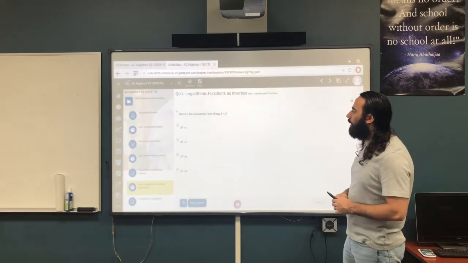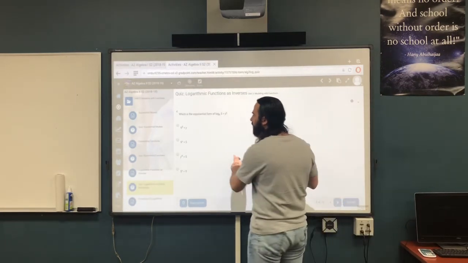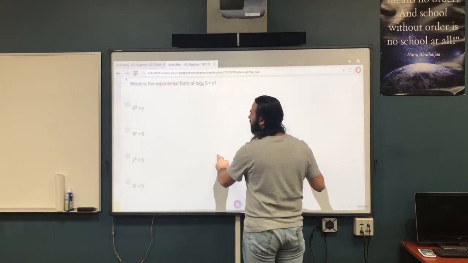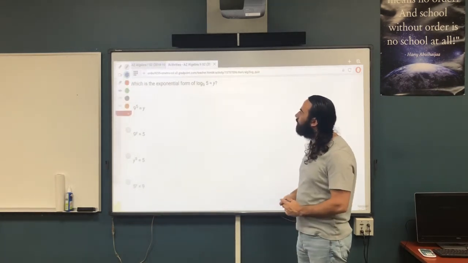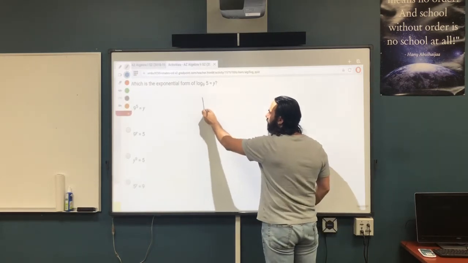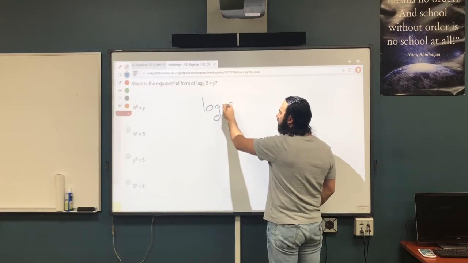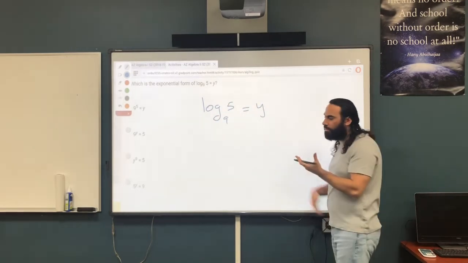Now it's a different question. Let me zoom it first. I hope you can see it. Now the question is, which is the exponential form of log 5 with the base 9 equals what? So this is the logarithmic form.